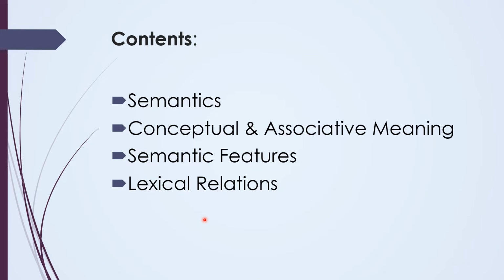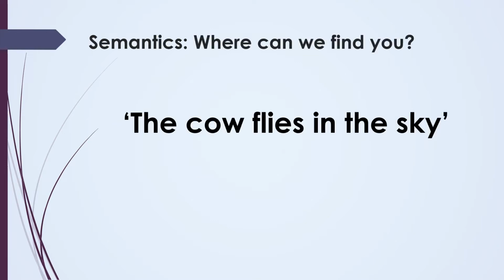So let's start with our first slide, which is on semantics. Let's see what semantics is. We have a very interesting sentence in the first slide: the cow flies in the sky. I know it seems very funny.